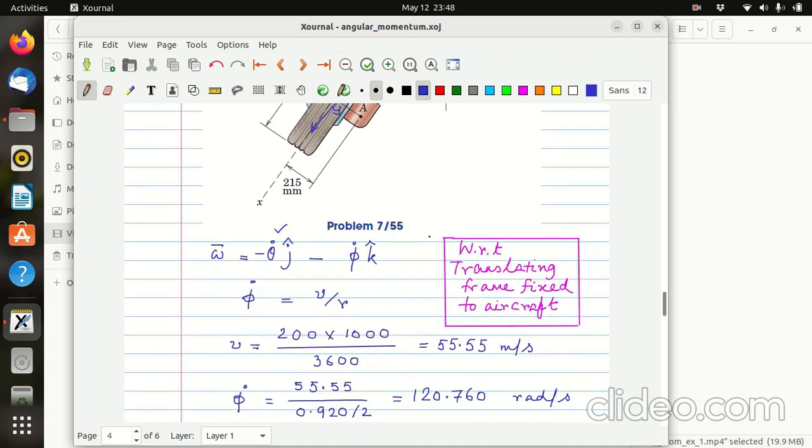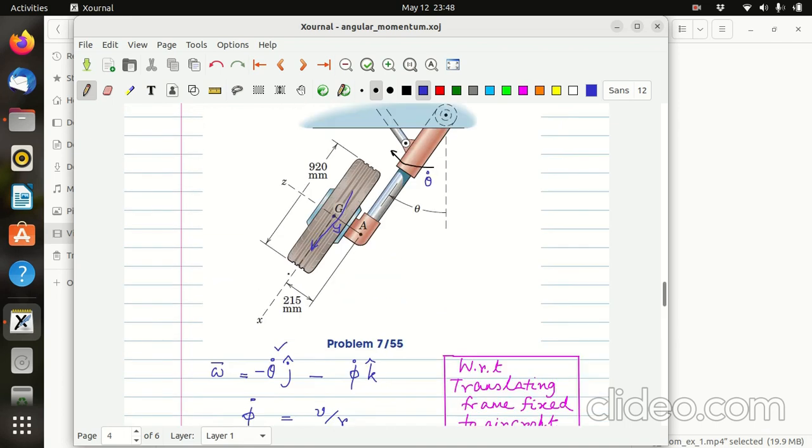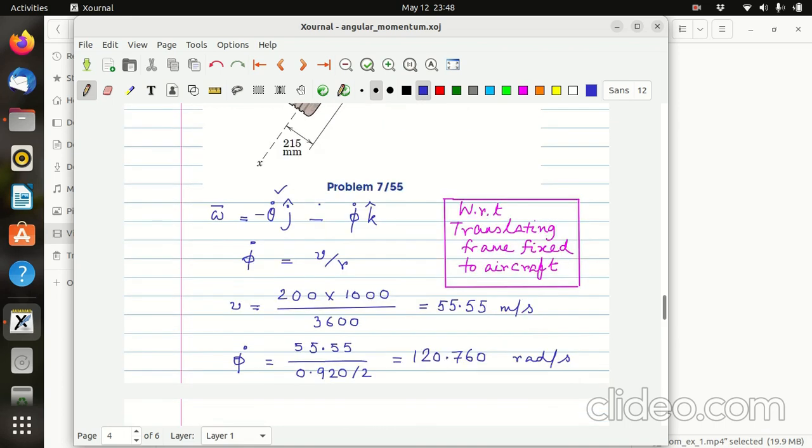Now this phi dot, as you know, corresponds to 200 km/h. So the speed is 200 into 1000 by 3600 meters per second, and phi dot is v by r. So this divided by the radius of the wheel, which is 0.920 by 2.